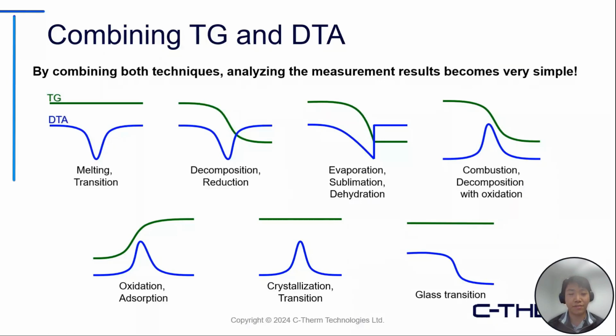The second set of curves right next to it shows that there was a mass decrease and an endothermic reaction happening. So we can deduce that this could have been either decomposition or reduction of sorts. Through a similar line of logic, we can deduce the different chemical reactions that might have occurred in that temperature range using the TG and DTA curves.